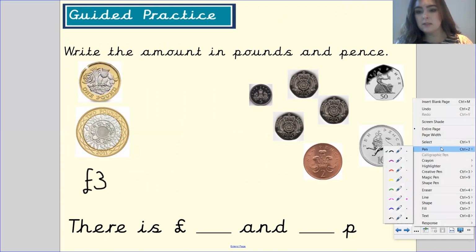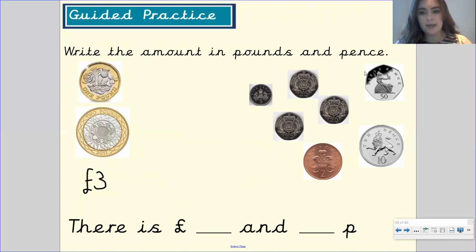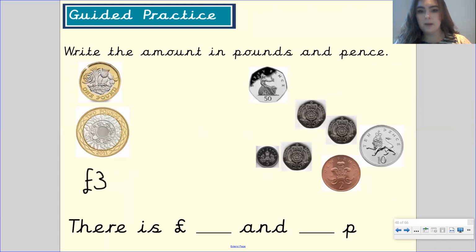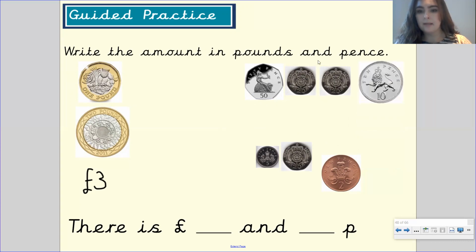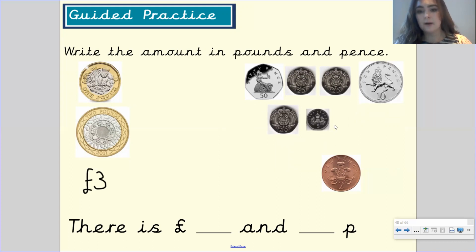And now I'm going to count together all of my pence to see how much money I've got here. So I've got 50 pence, add 20 pence is 70 pence, add another 20 pence is 90 pence, add 10 pence gives me 100 pence, add 20 pence gives me 120 pence, add 5 gives me 125 pence, and add 2 gives me 127 pence.